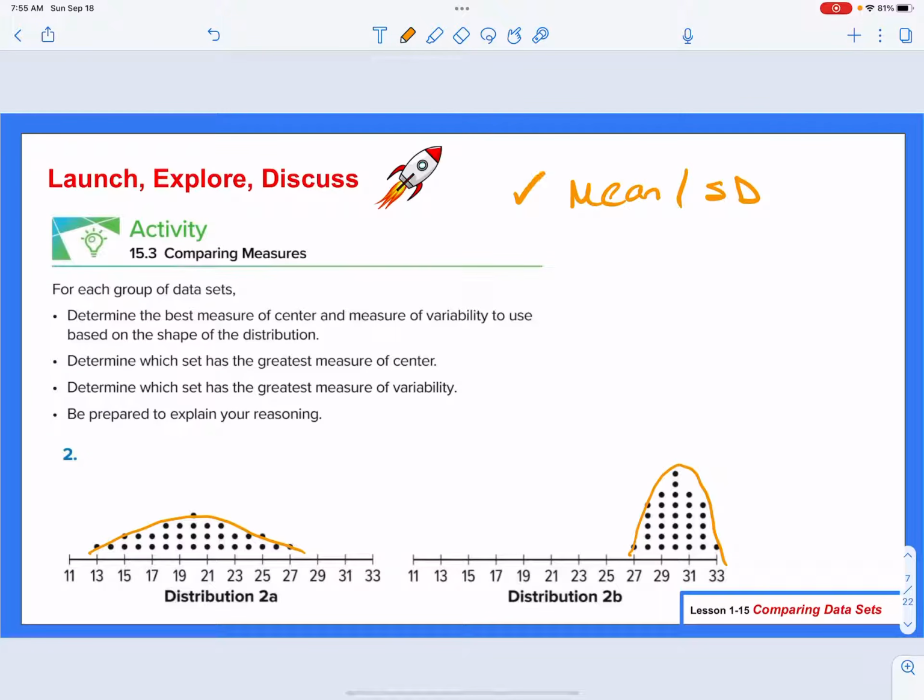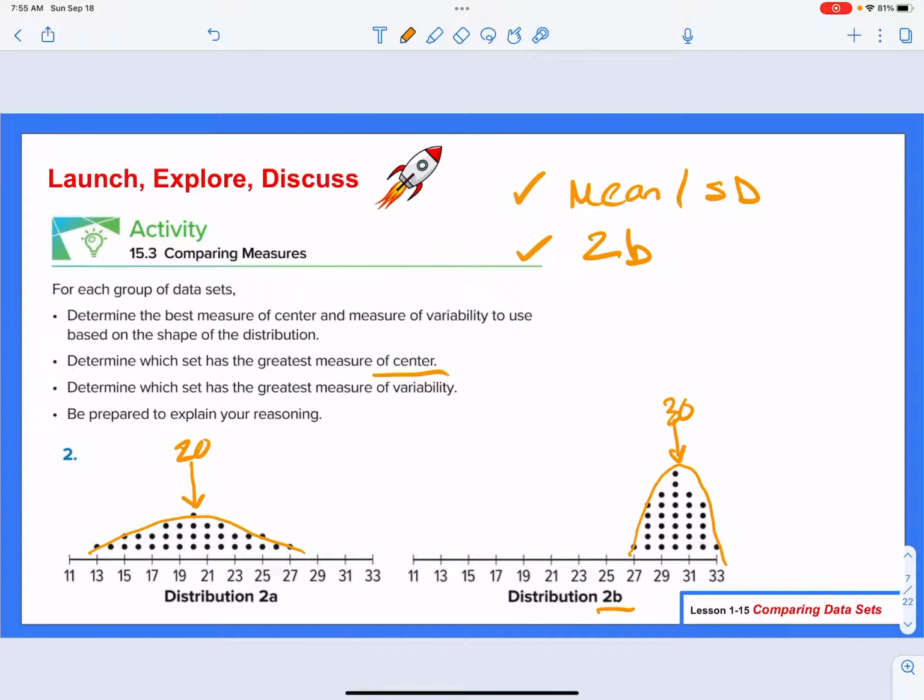Okay, that's the first one. Now, which one has the greatest measure of center? We can simply find the measure of center because it's symmetrical. We can say, well, that's here at 20, and this one's here at, what number is that? 29, 30. So the greatest measure of center is 2B.